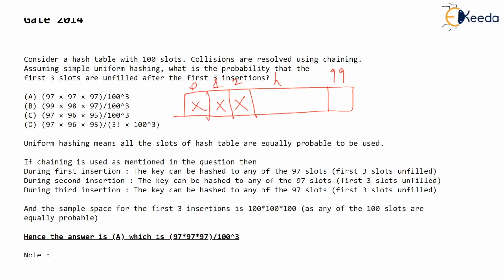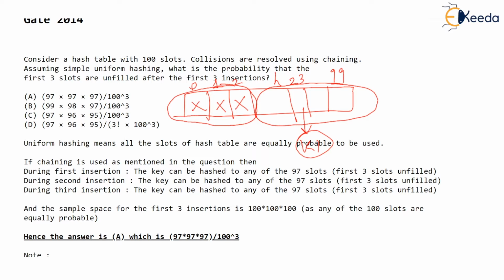So what we have to assume is that the first three insertions did not happen at these first three locations. So where did the first three insertions happen? Anywhere in the remaining 97 places, isn't it? So when you inserted the first key, maybe it got inserted at the 23rd location, first key. So how many favorable places were there for the first key? Obviously leaving out the first three places, because that's what the question says.